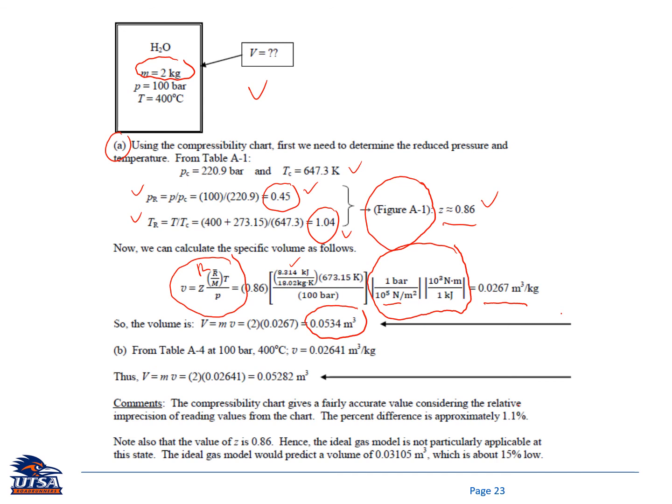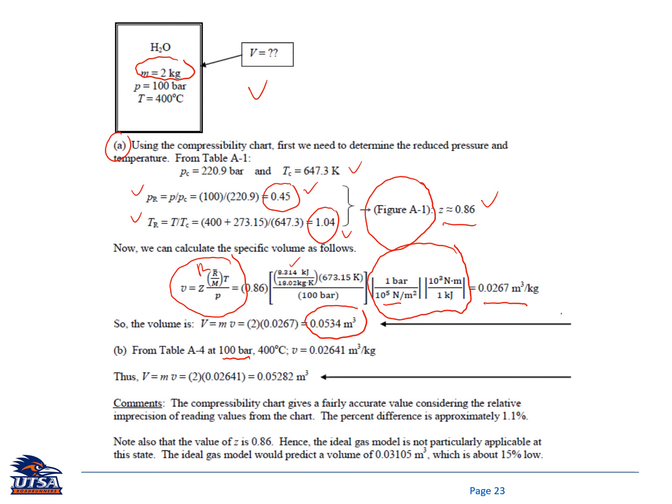If you are not sure which condition it is, as we showed in the previous slide, you can use table A2 or table A3. If you want to use table A2, go to the temperature of 400 degrees C. What is the pressure? If the pressure is below 100 bar, it means it is superheated.